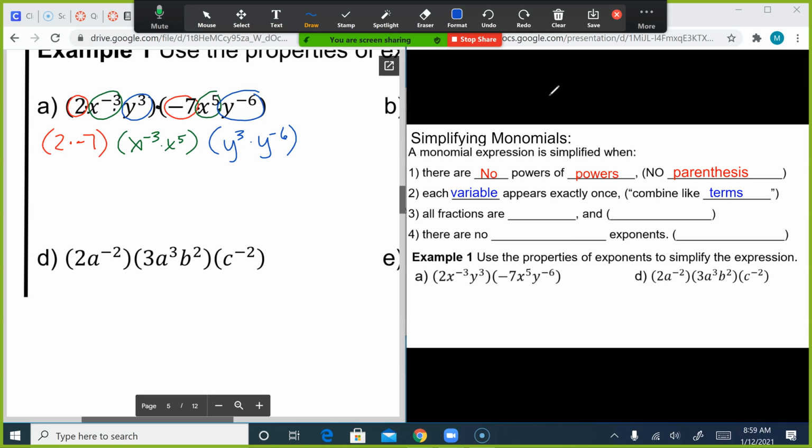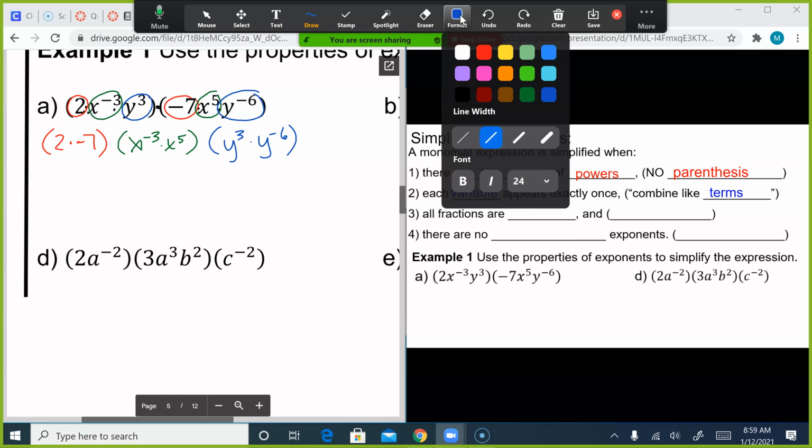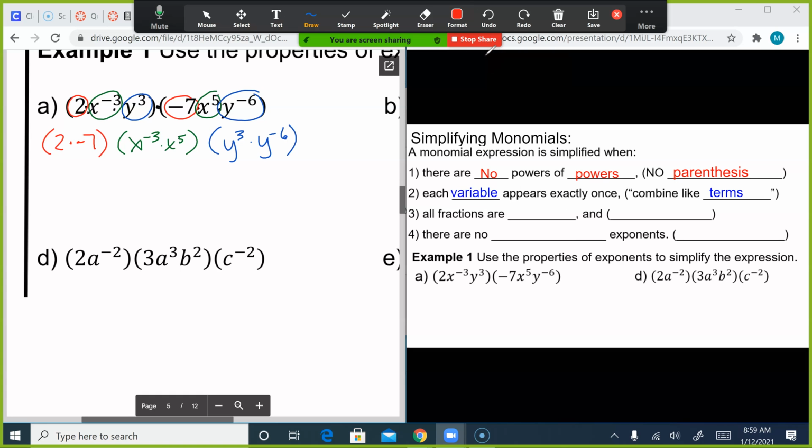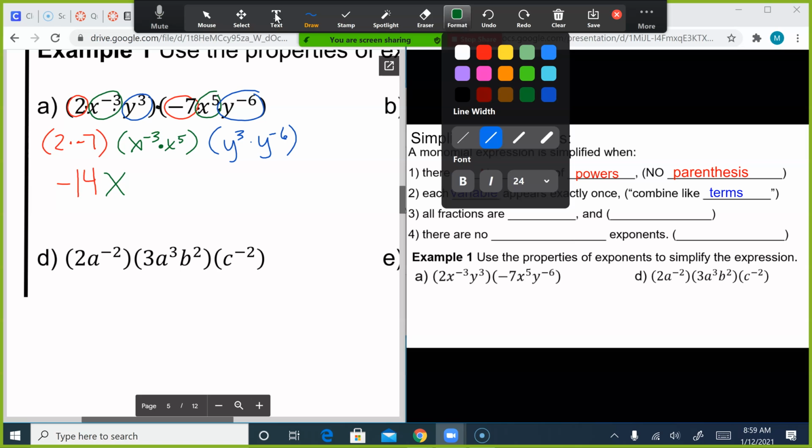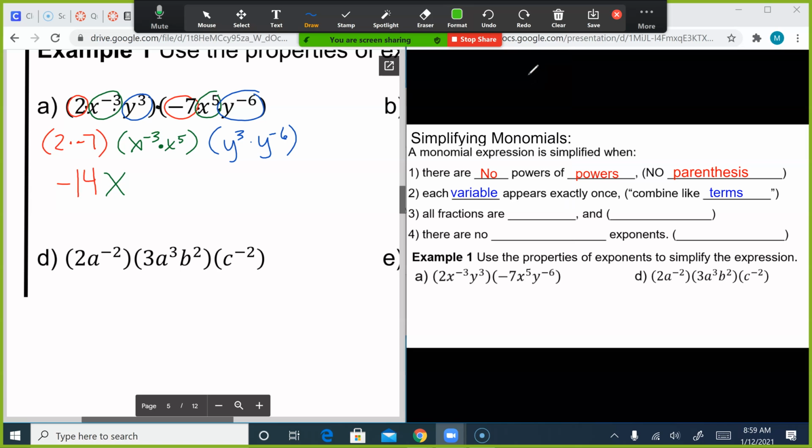So I want to combine these so I have one of each. So one number, 2 times -7 is -14. Combine my x's together. When I combine here, we're multiplying with the same base. When we multiply with the same base, we add the exponents.